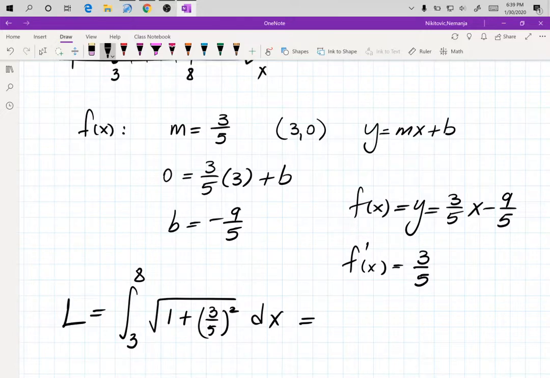That's a constant integral, right? So I have 9/25. So this is the integral of the square root of 34/25, still 3 to 8 dx.